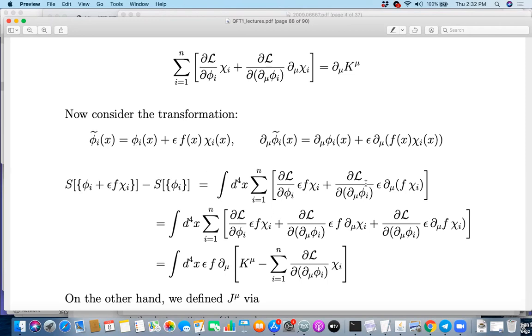I'll remind you what the definition of J mu was in a few minutes. So don't just think of these as phi I tilde, but some other phi I hat, just some new field configurations given by this.